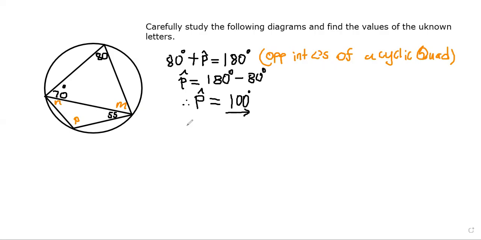Then after that, I can consider saying angle N plus angle P plus the given 55 degrees at the bottom of the triangle is equals to 180 degrees.